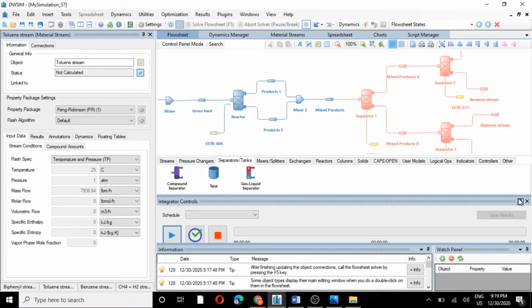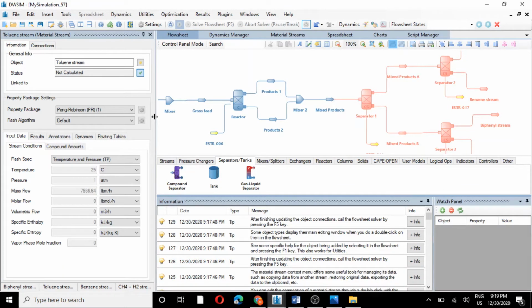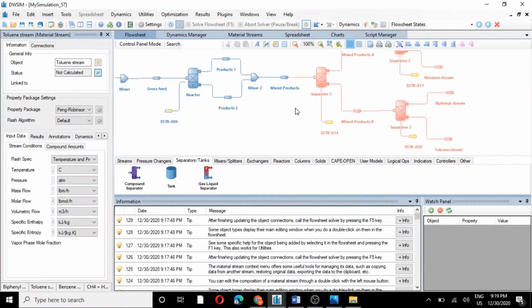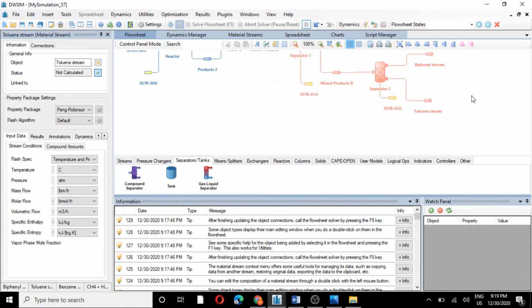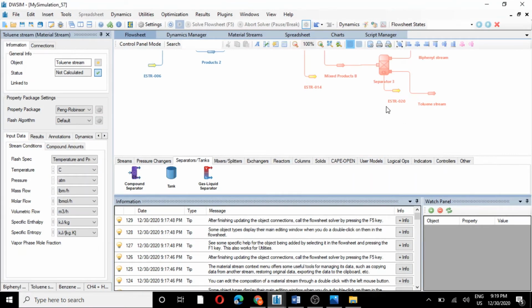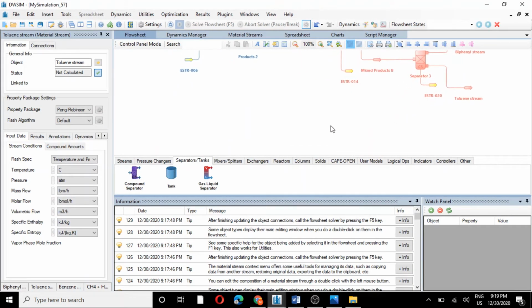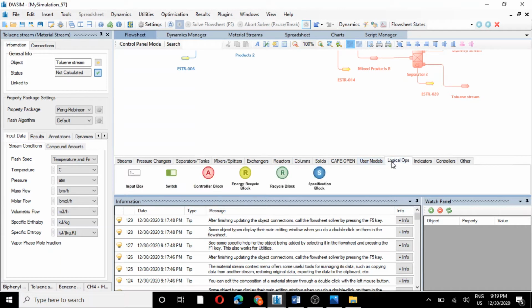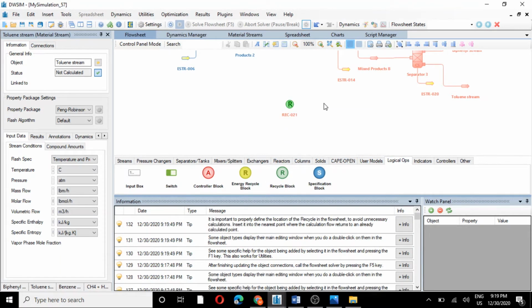So I'm just gonna exit. Okay, so in the problem, this toluene stream is our liquid recycle. To do that, you have to add a recycle block, which can be found in logical ops. This one, recycle block.